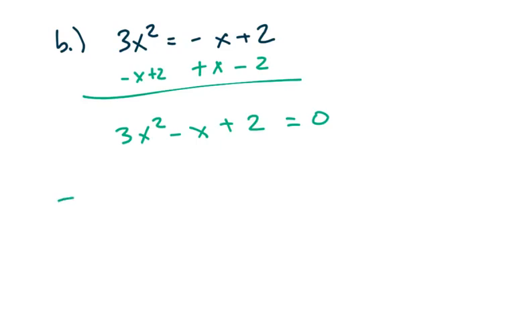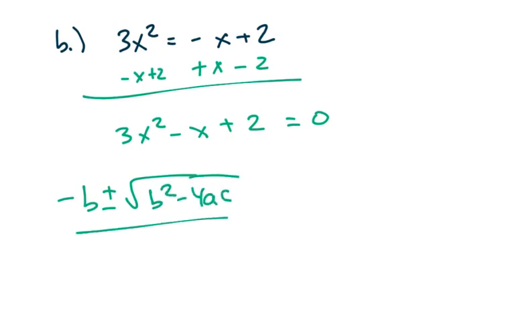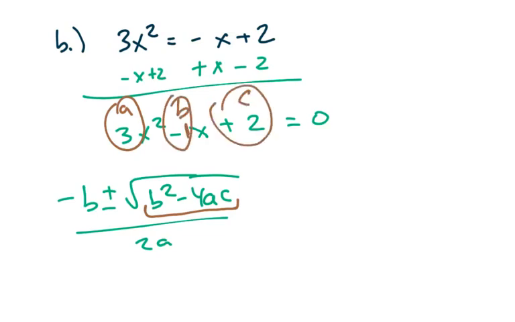And again, the quadratic formula is negative b plus or minus square root b squared minus 4ac all over 2a. b squared minus 4ac is the discriminant. And so we know that a is 3, b, remember, is negative 1, there's a 1 there, and c is 2.